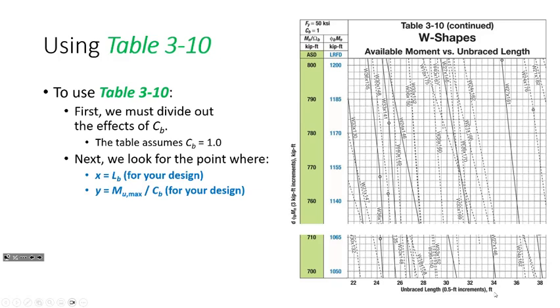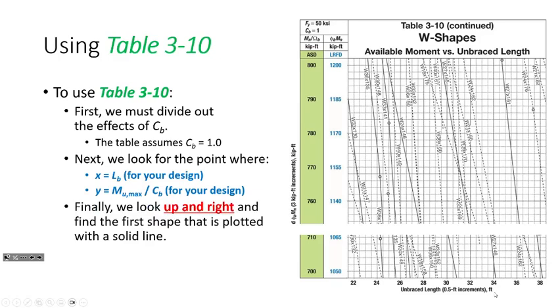All right? Then you find your point that you're interested in. Your point is on the x-axis, it's whatever your Lb is, and on the y-axis, it's whatever your maximum moment is divided by Cb. Okay? And then what you do is you look up to the right and find the first solid line. So watch this right here.